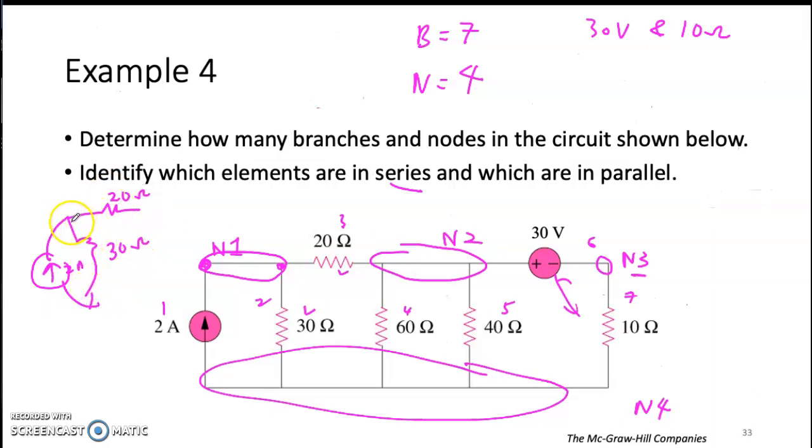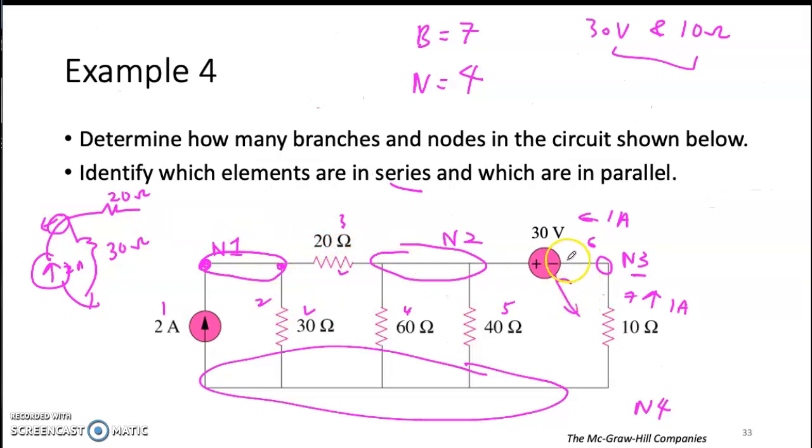So 20 and 30 are not in series because you have another branch here. When talking about series, the current needs to be the same. If here is 1 ampere, here also needs to be 1 ampere. And it cannot be, because we have another branch, another line here, right? So this is not series.